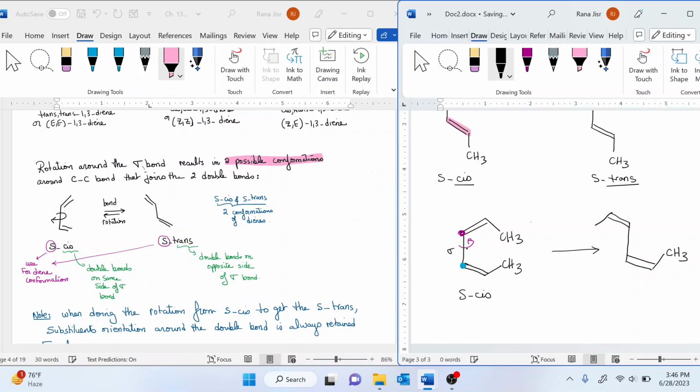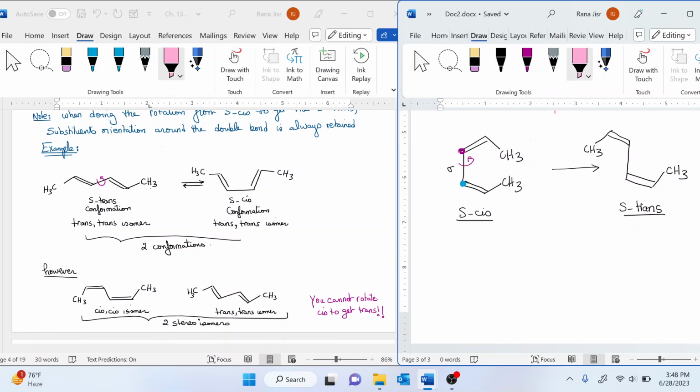So this means that my CH3 now is going to be here, showing that I do have cis substituents around the double bond. But the conformation of these two double bonds with respect to each other is called an s-trans conformation.